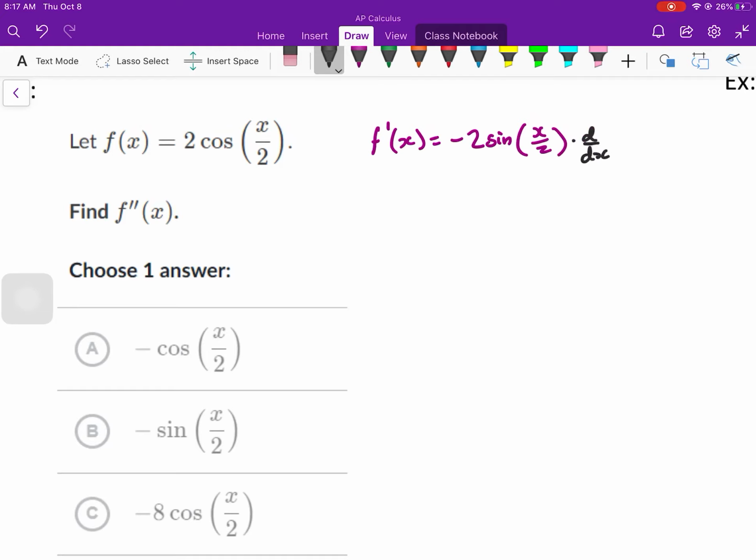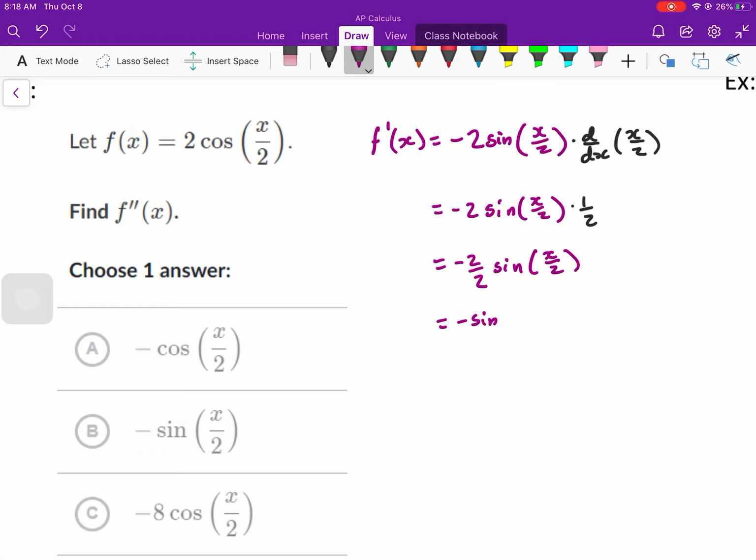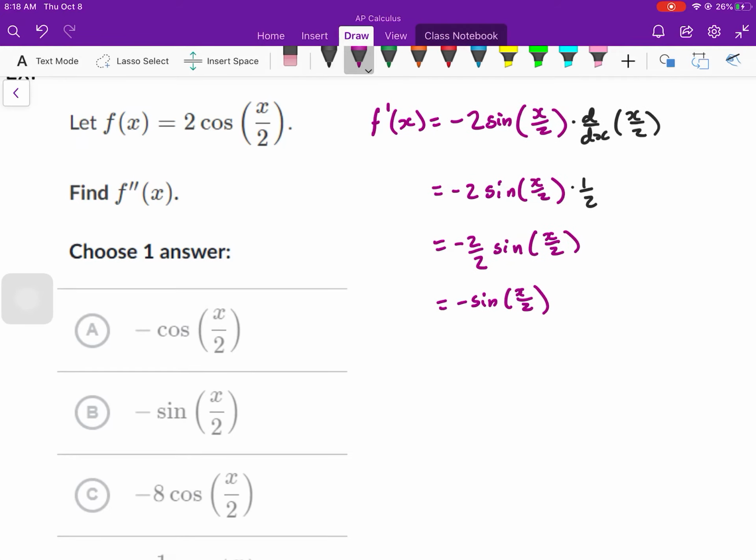Then times the derivative of the inside, which is just 1/2. And then 1/2 times the 2 just goes away, because 1/2 of 2 is just 2 over 2. And there you go. So this is the first derivative.